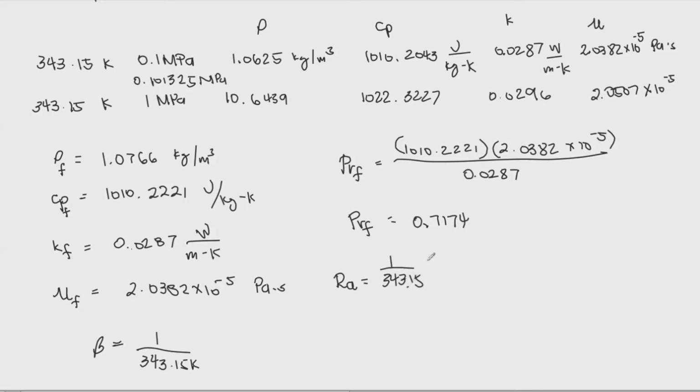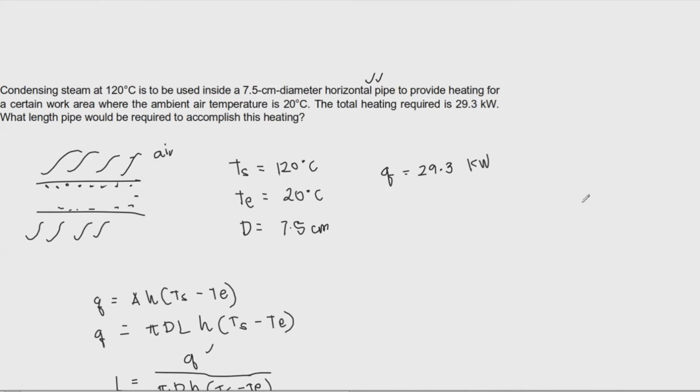So anyway, the Rayleigh number is 1 over 343.15. That's our beta, and then we need to find delta T. So delta T is simply the difference between the two temperatures, so that's 120 minus 20. Then we also have g, so that's 9.81, and then x cubed. So x cubed here would be the diameter, which is 7.5 centimeters.